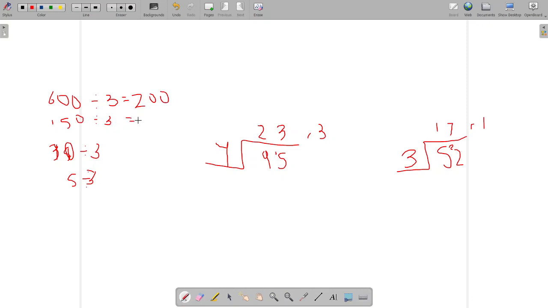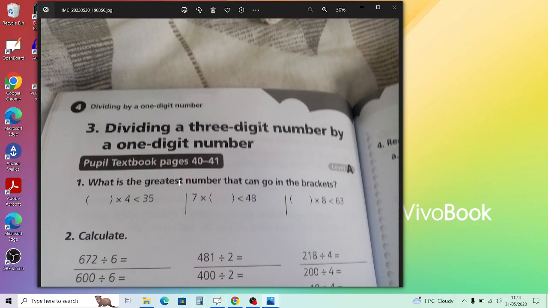So 15 divided by 3 is 5, and then another 0, which is going to be 50, so 100, and 150, and then this is 10, and then this is going to be 1, with a remainder of 2. The answer will be 261, remainder 2. And that's the way to do it, and that's the way you can do the other ones as well. As I say, this is probably the trickier one of the lot.